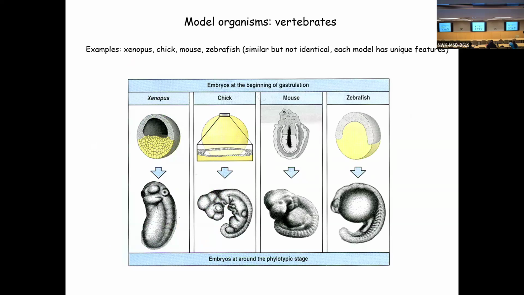And here you can appreciate again the similarities between different models. For example, you have in a xenopus, what does it resemble to you? What stage of a pre-implantation embryo? One that we just learned about. After segregation. We have the blastula, right? We have the blastula here, right?